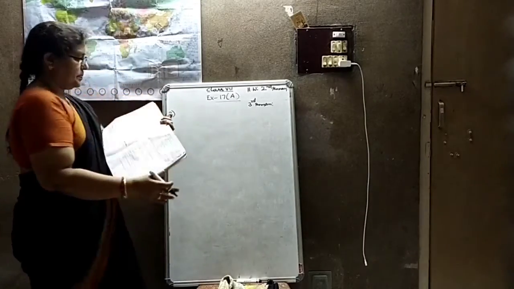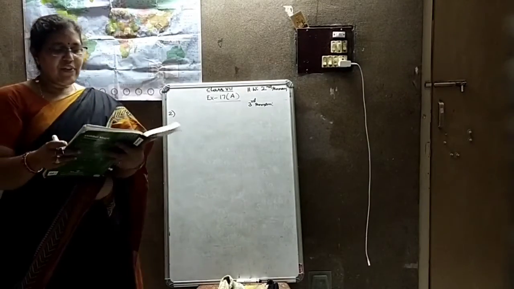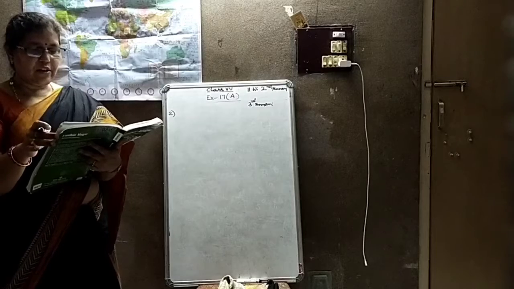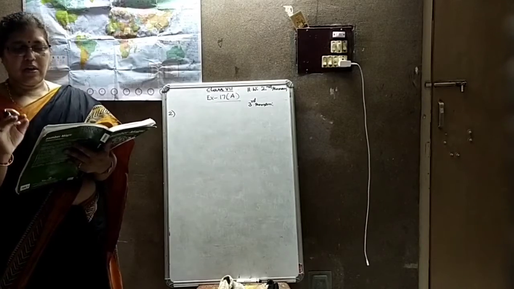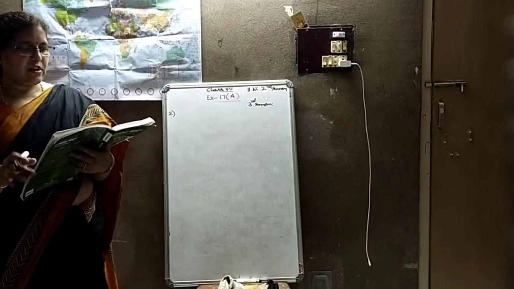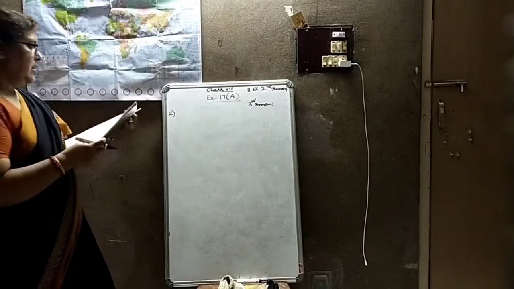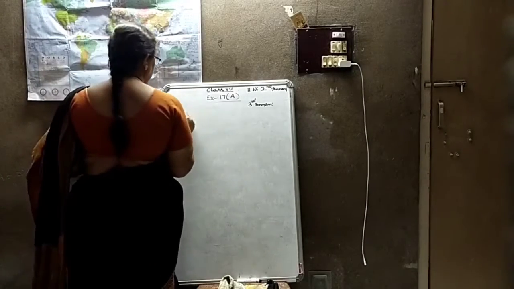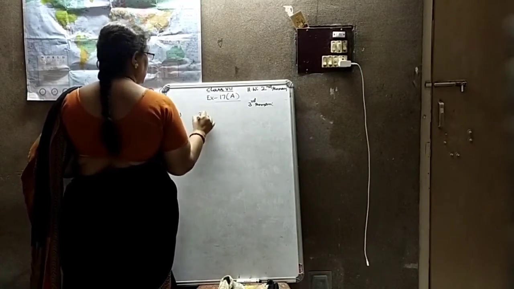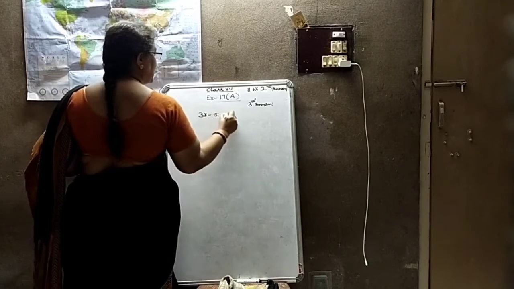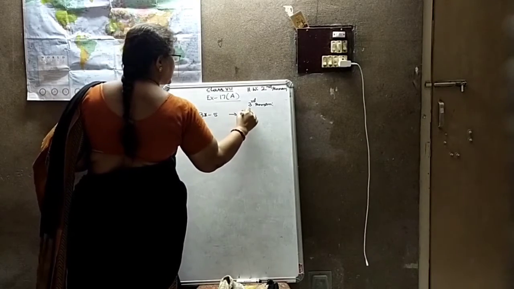Second Roman. Identify the terms and their factors in the following expression and show the terms and factors by tree diagram. The first one I am showing here: 3x minus 5. Please write here expression.